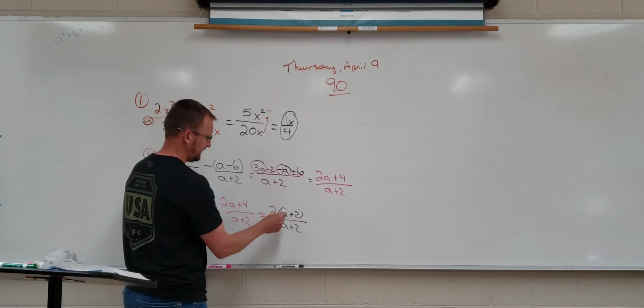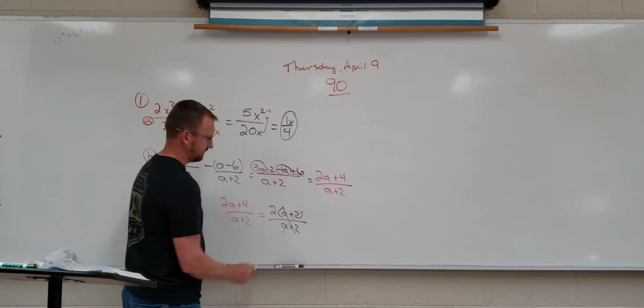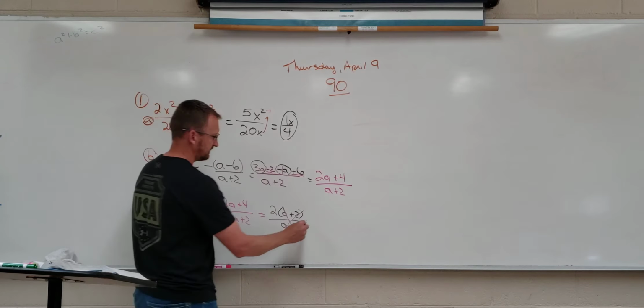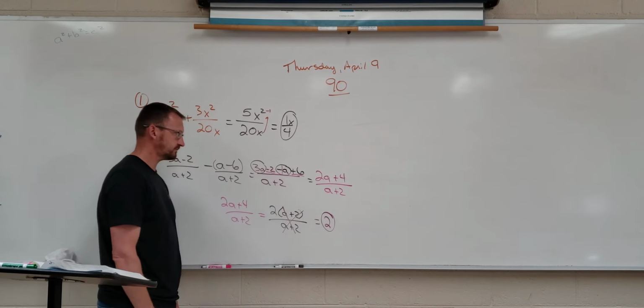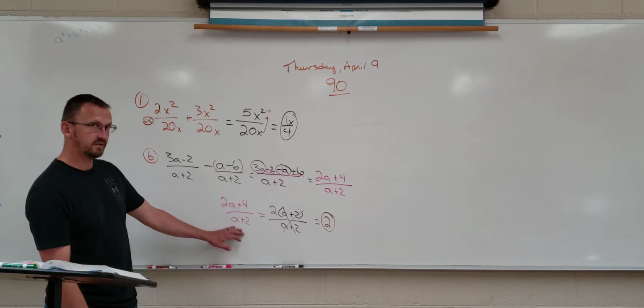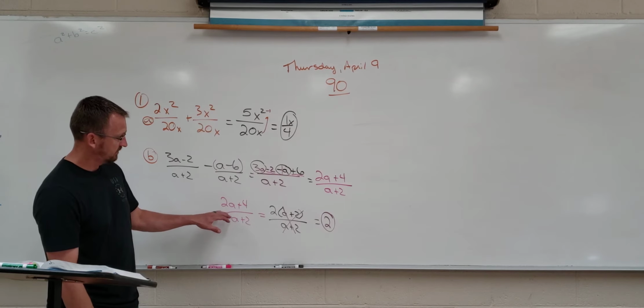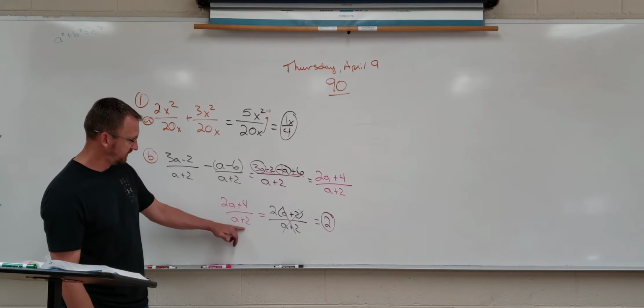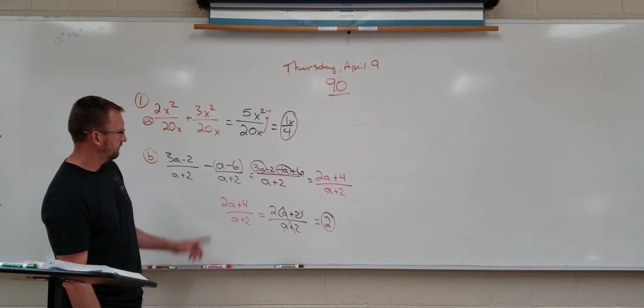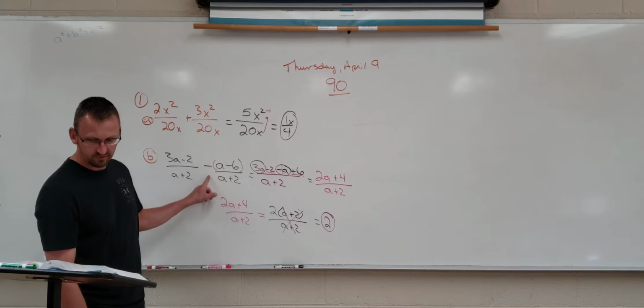I can cancel. That's a like term, we can reduce, we can simplify. So my final answer is simply 2. Be careful, pay attention to these. If you can reduce, reduce. Don't forget, you have to take something out before you cancel the whole thing. With this one, pay attention to the sign.